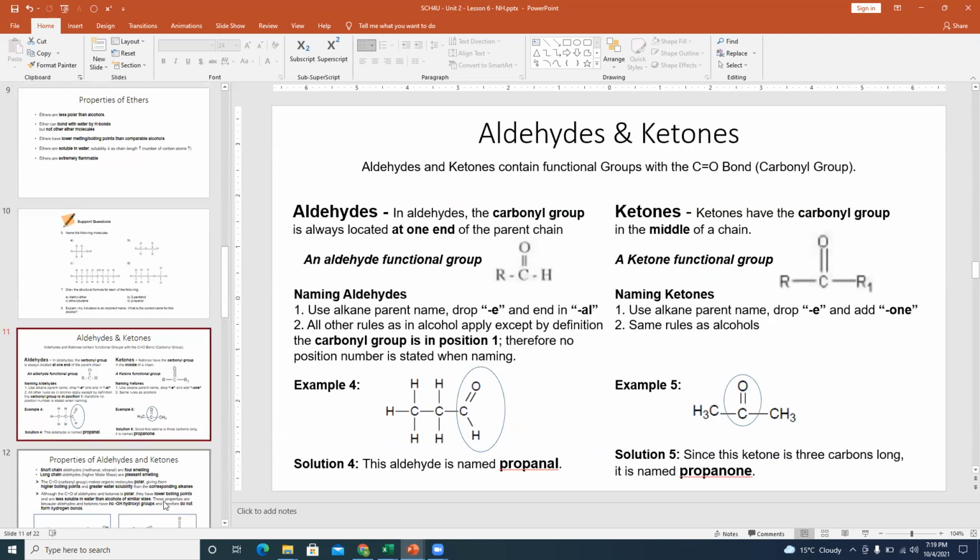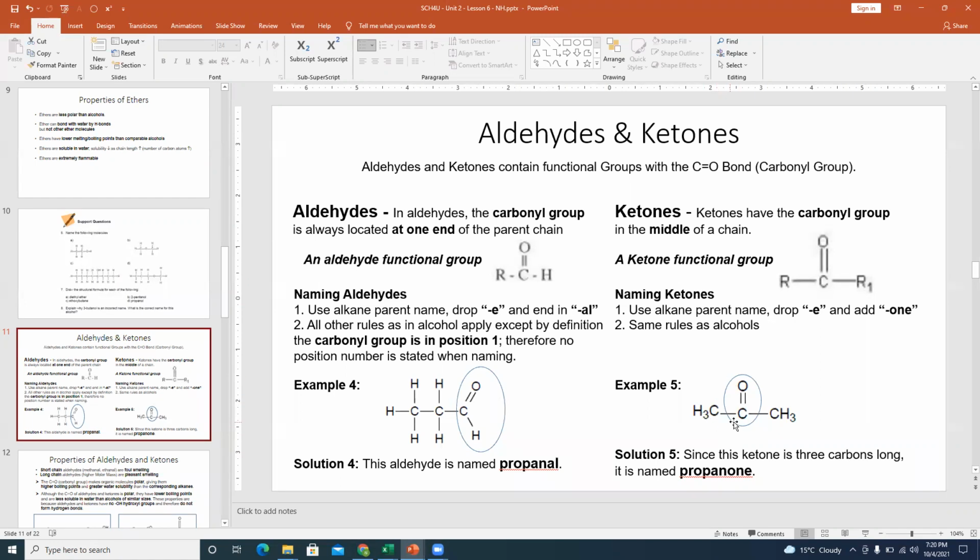Then, finally, aldehydes and ketones. Remember, these two are very similar kinds of functional groups. They're both C=O, but instead of H for the aldehyde, you have R for ketones. In aldehydes, this COH group, this carbonyl group, is always at the end of the molecule, like here in this example, whereas in ketones, it's in the middle of a molecule.